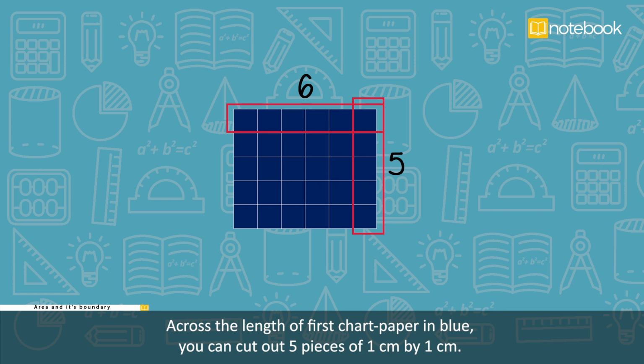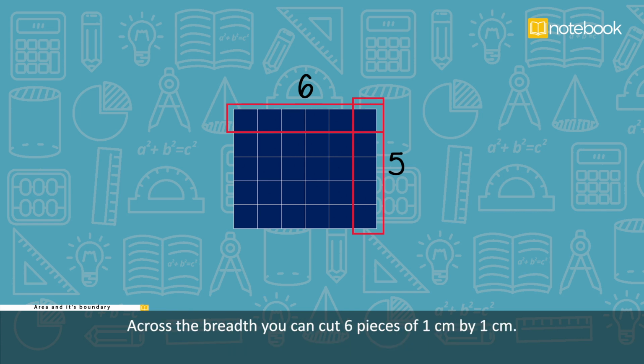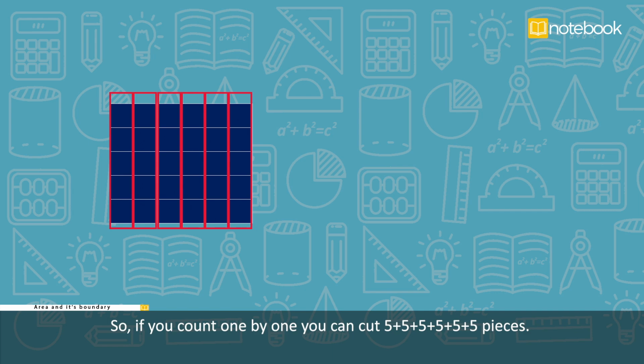Across the length of the first chart paper in blue, you can cut out 5 pieces of 1 cm by 1 cm. Across the breadth, you can cut 6 pieces of 1 cm by 1 cm. So, if you count one by one, you can cut 5 plus 5 plus 5 plus 5 plus 5 plus 5 pieces.